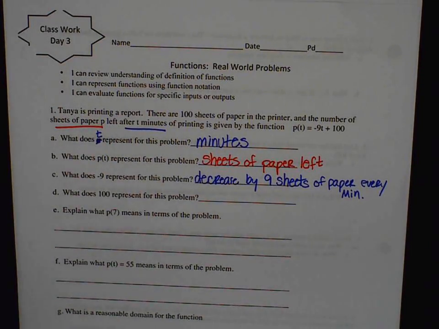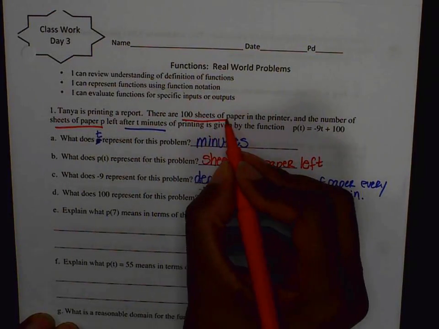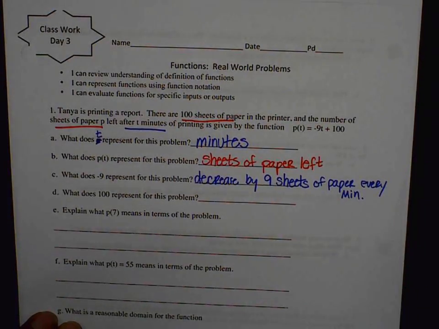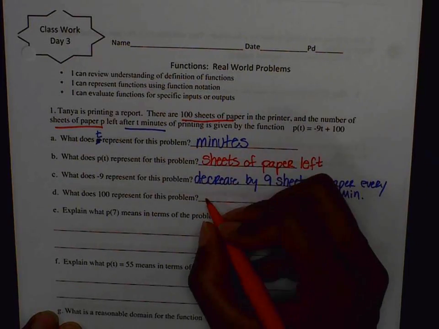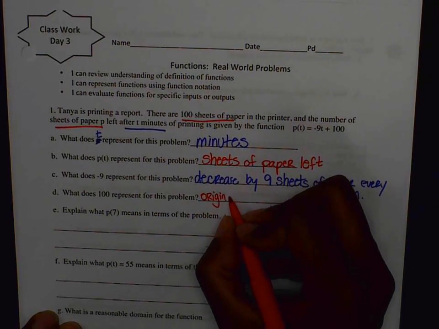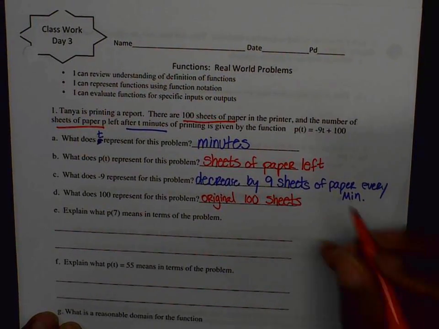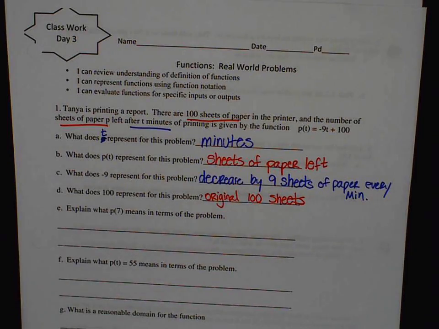And what does the 100 represent? The 100 represents the fact that there's 100 sheets of paper in the printer, so your original amount. So your job is to explain what P of 7 means in terms of this problem.